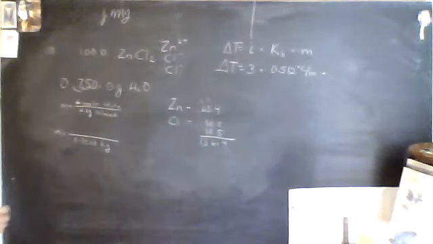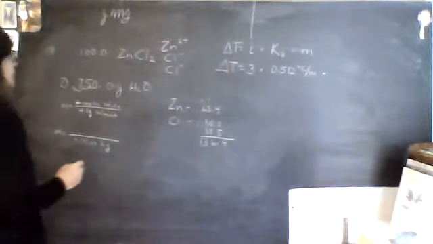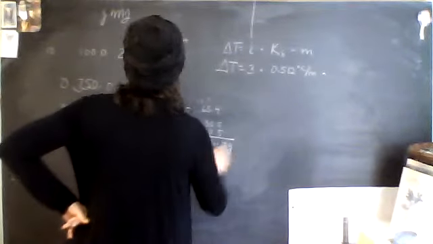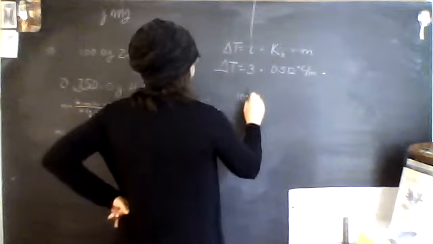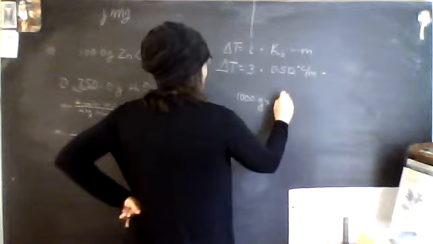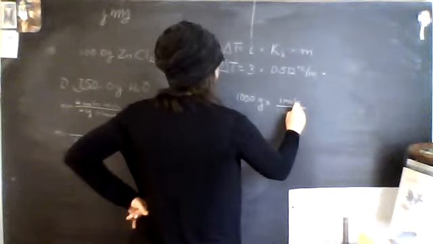No, 131.4. Oh, yeah, that's 136.4. Okay, and that's grams per mole. So if we have 100 grams, 100.0 grams times 1 mole per 136.4 grams.